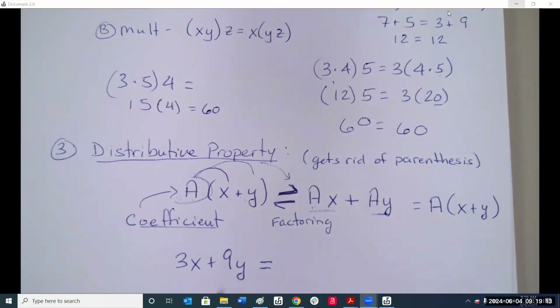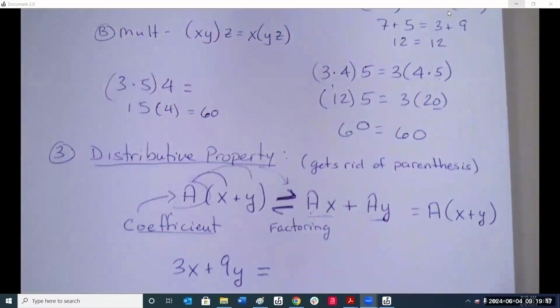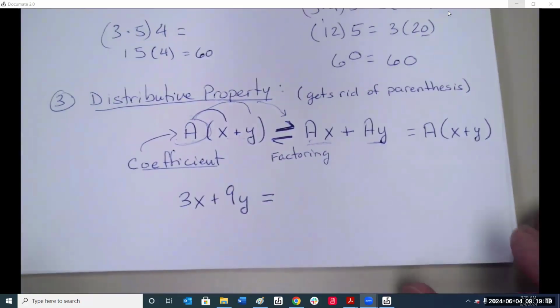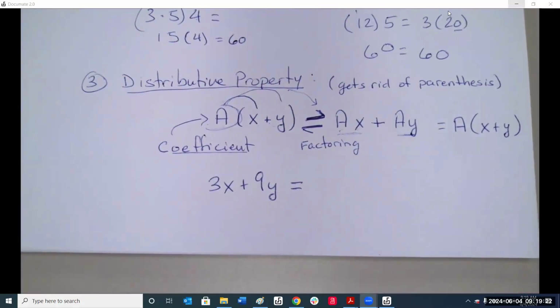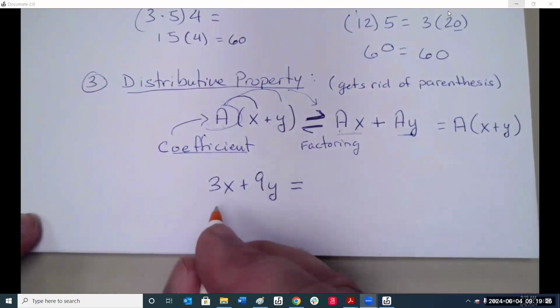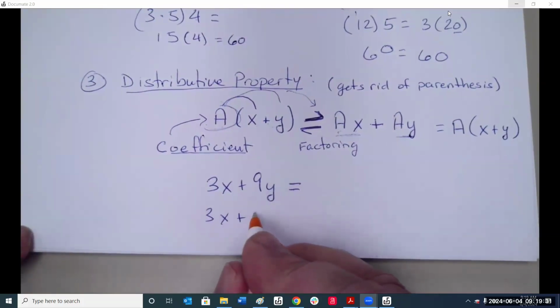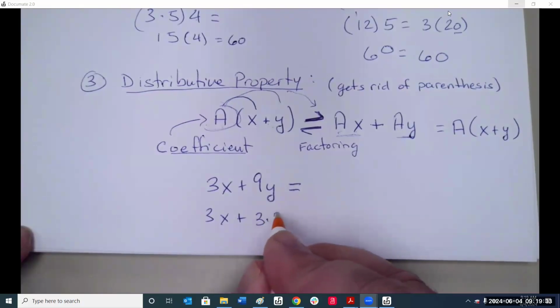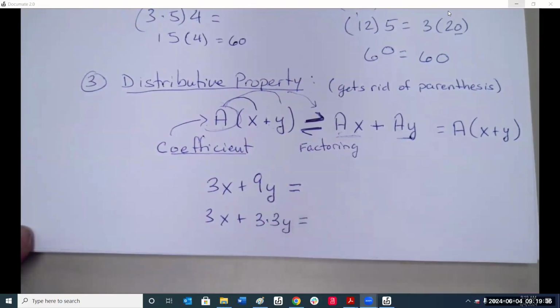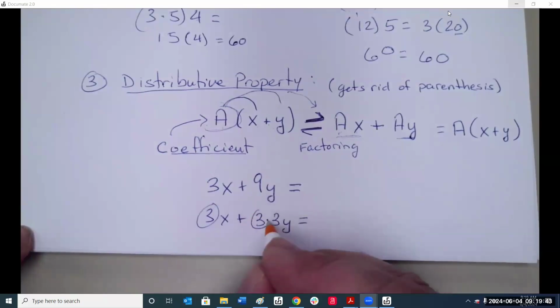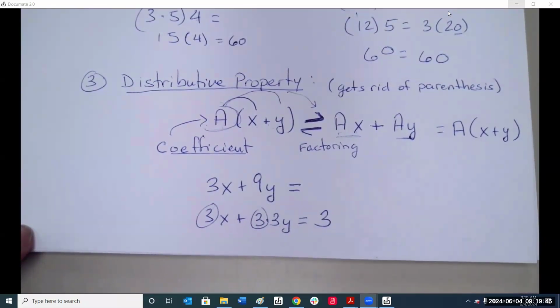So how about this one? What do they both have in common? Right. Because over here we have 3x. What is 9 made up of? 3 times 3. They both have what in common? They both have a 3.